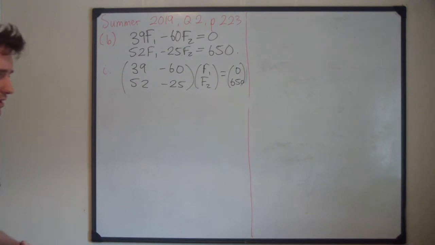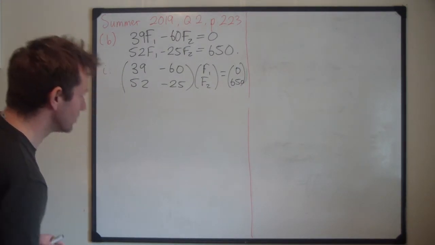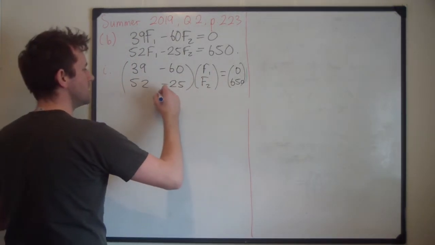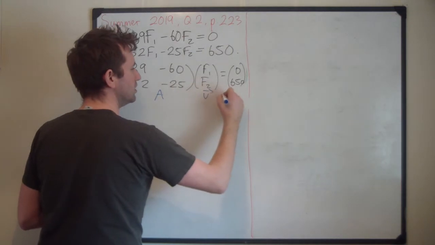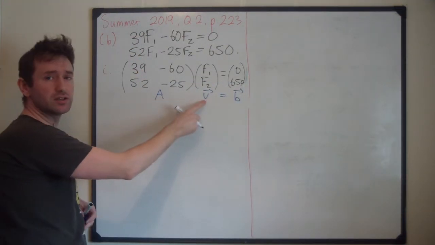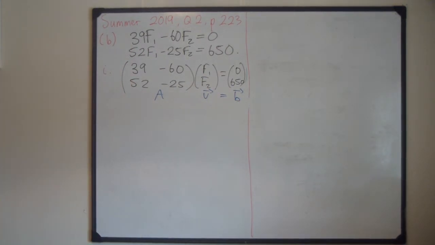So have we written the linear system as a matrix equation? We have. Maybe it's worth annotating what we're doing here. This is AV equal to B. Matrix of coefficients, vector of unknowns, vector of, I suppose, constants.